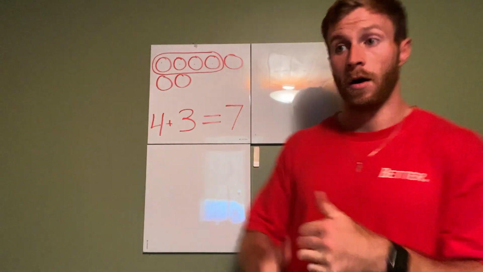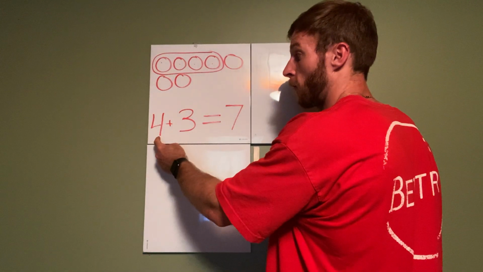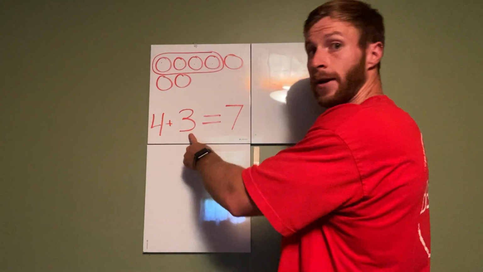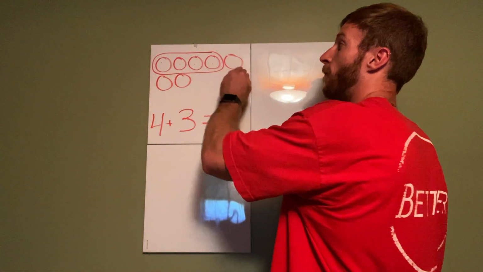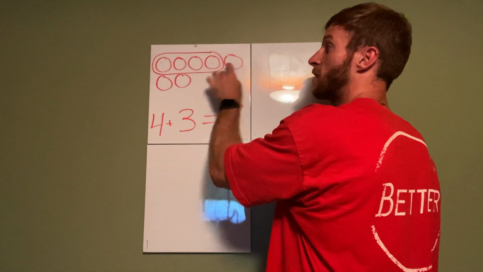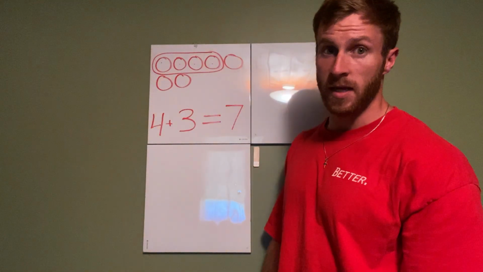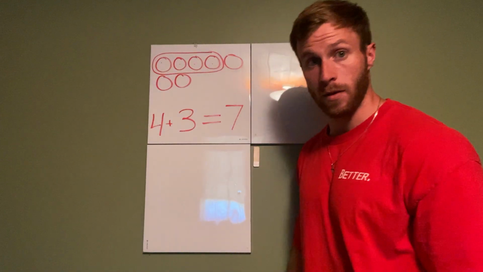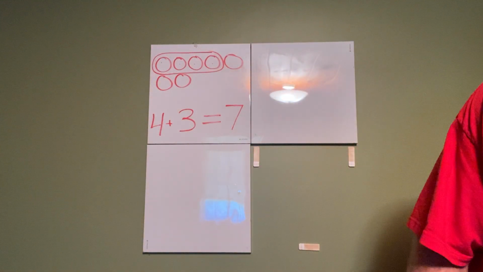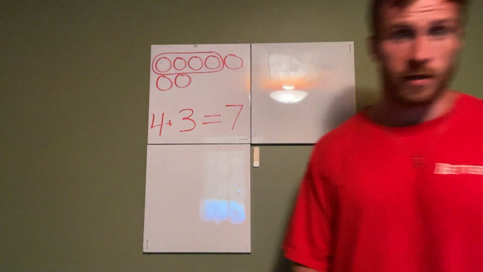Okay. So we put 4 in our head, we counted 3 more claps, and we got to 7. So the 4 beans we have plus the 3 beans we are missing equals the 7 beans that we started out with. Awesome job.